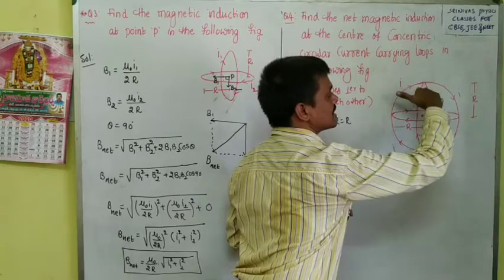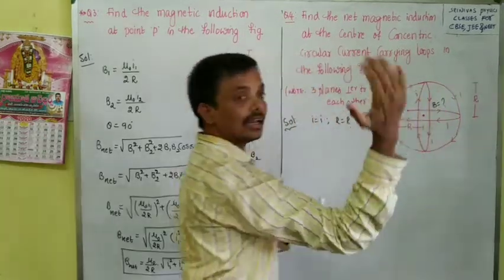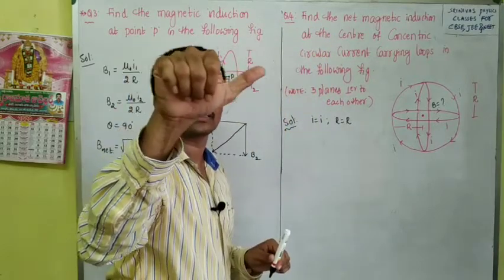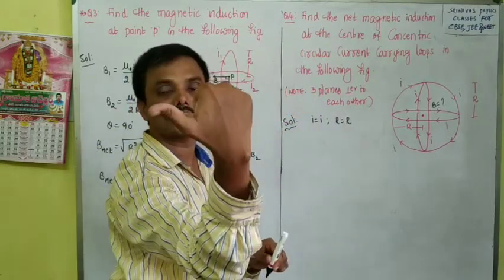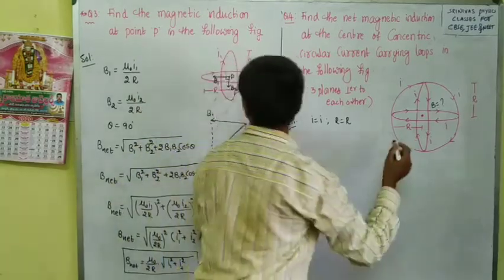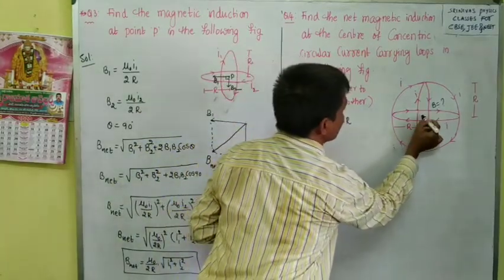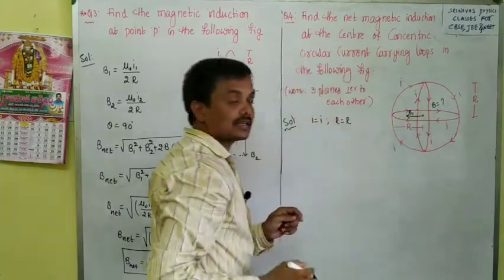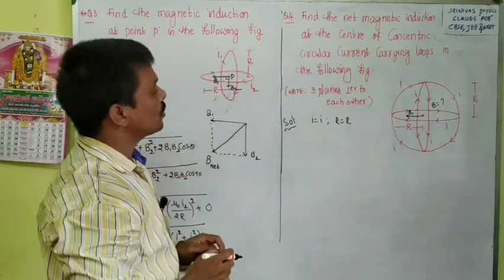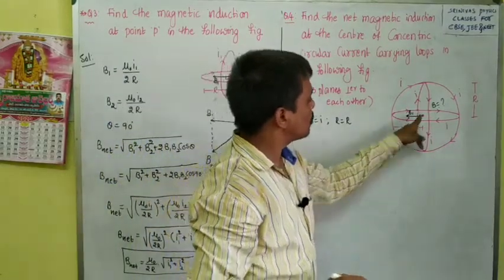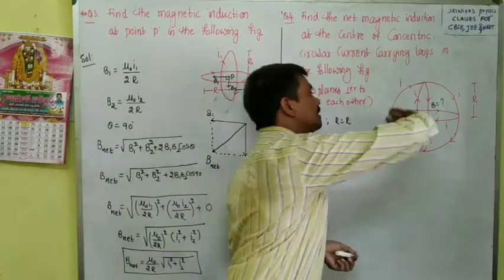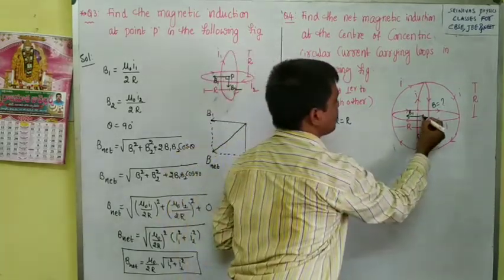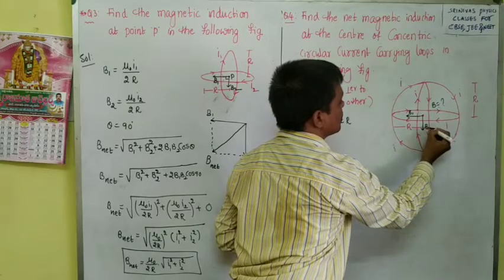The curled fingers indicate the current in the vertical circle, and the field is either left side or right side. Already we know B1 is left side. Next, B2 is the field due to the horizontal plane, and the current is clockwise, so B2 is downward.